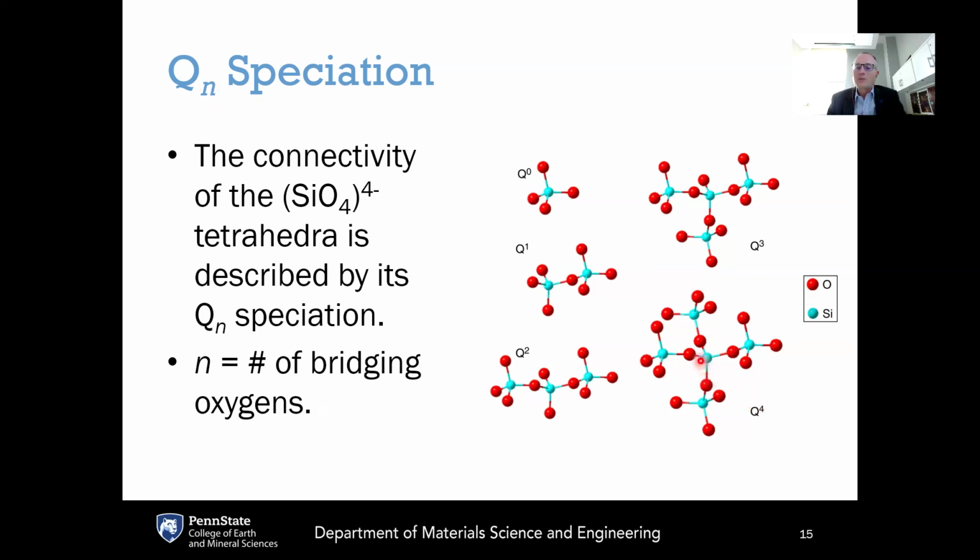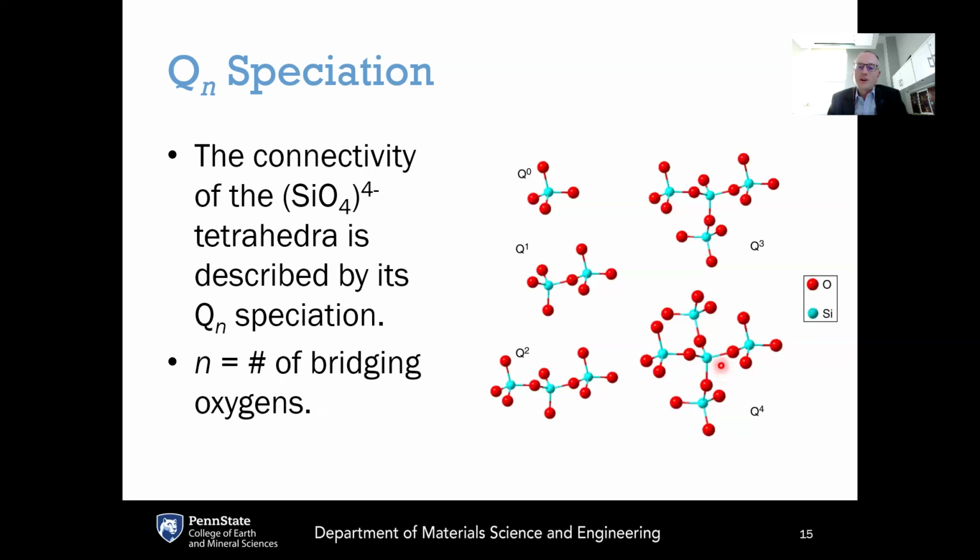So if we start off in pure silica, SiO2, we start off with all Q4 units. If you consider the central silica tetrahedron, all 4 of these oxygens are bridging to neighboring tetrahedra. That's why this is called a Q4 unit, because there are 4 bridging oxygens.